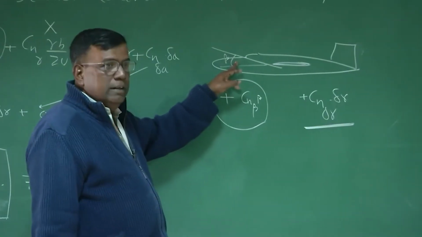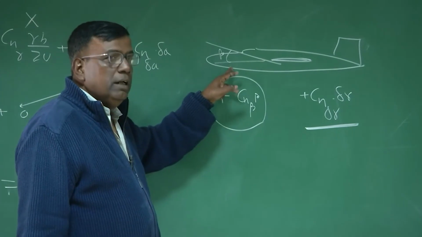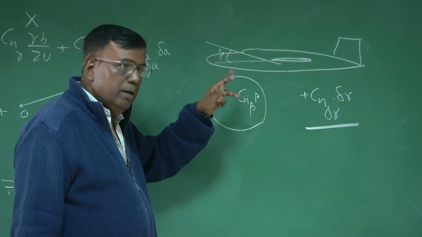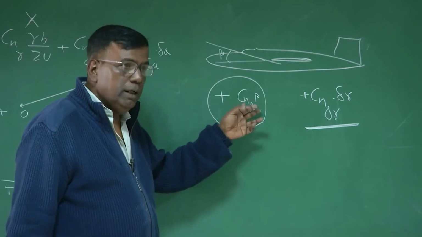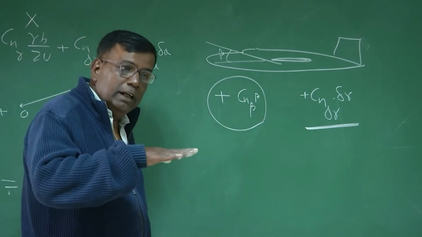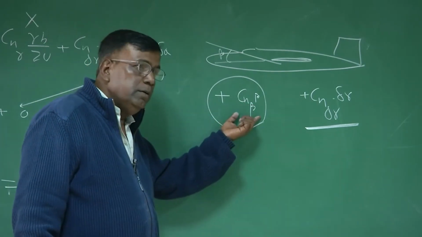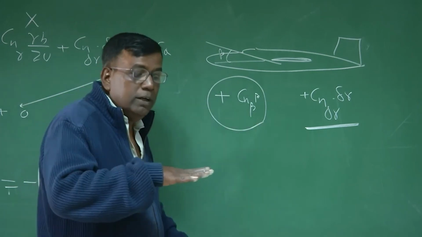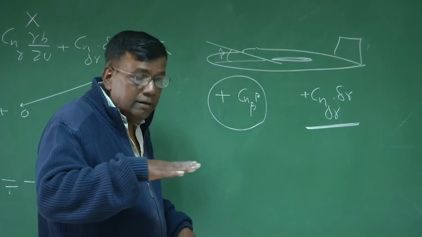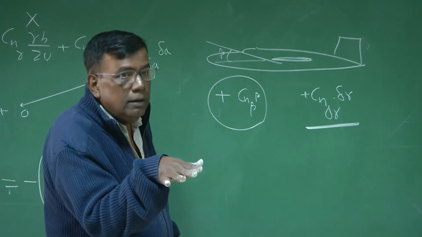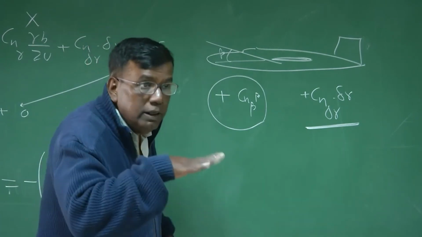As the airplane sees a beta, being directionally statically stable, it will generate a positive moment, which is Cn beta into beta. But if you want to hold beta constant, this moment has to be put to 0. Because it will otherwise turn and go back to beta 0. You have to hold this beta.